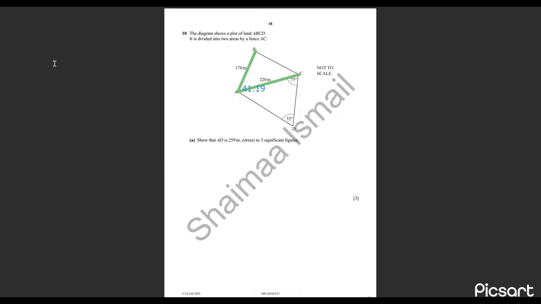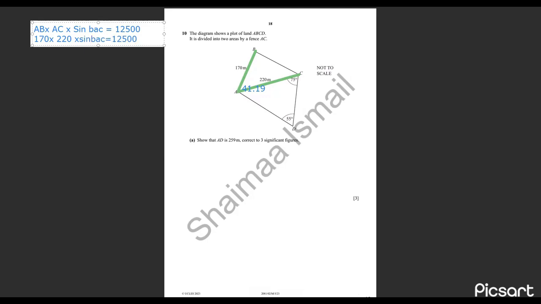So we say here the AB multiplying by the AC multiplying by the sine of BAC will be equal to the 12,500 that he gave to us. And then we're going to calculate. Here we have the AB, which is 170, multiplying by the AC, which is 220, and multiplied by the sine BAC, which is equal to 12,500.